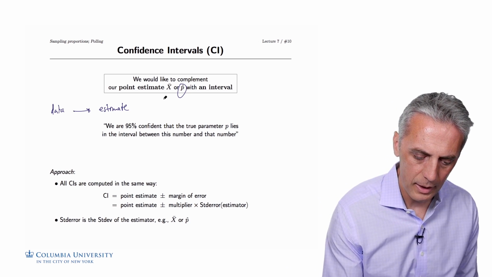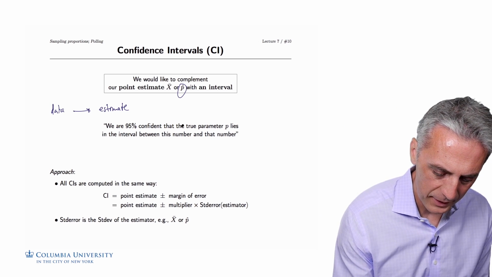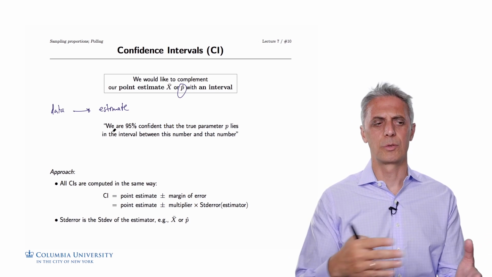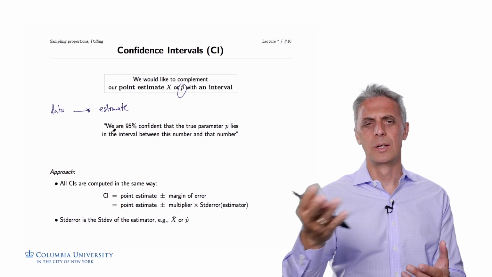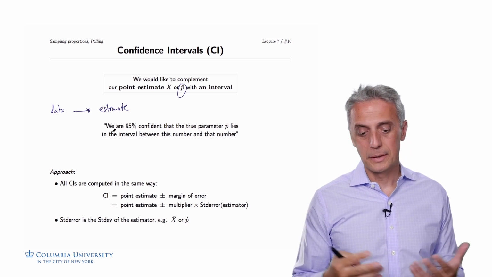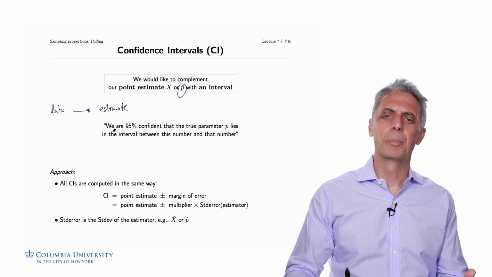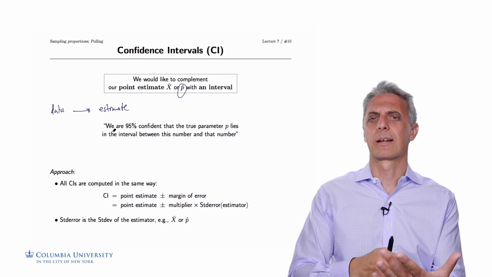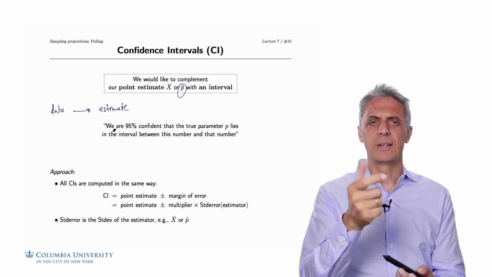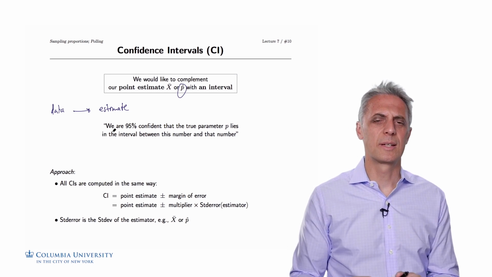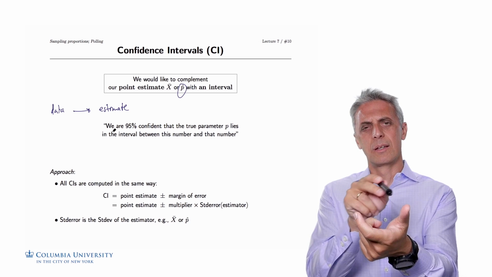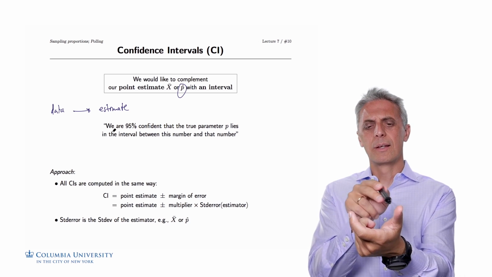And what I want to do now is make statements like, look, p hat is 0.58, let's say, which was 58% of American adults believe that climate change is mostly human caused. But you know, we don't really believe that the right answer is exactly 58%. So maybe what we want to quote to the reader is an interval. And we can say something like, I'm 95% confident that the truth, the ground truth, lies in an interval.